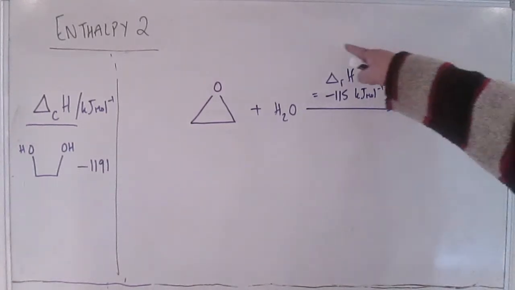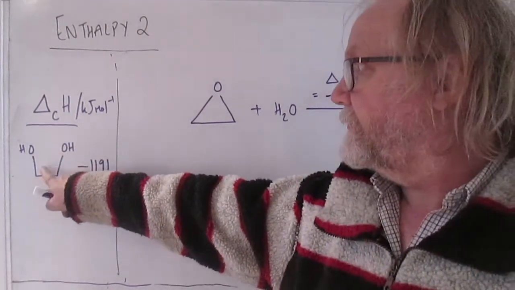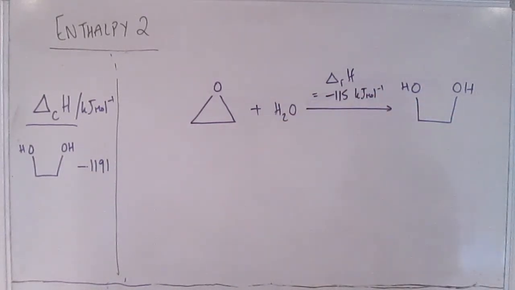So again, this is one of those where they tell us what the overall enthalpy change of reaction is, so minus 115 kilojoules per mole, and they also give us the enthalpy change of combustion for this product, but not that one.